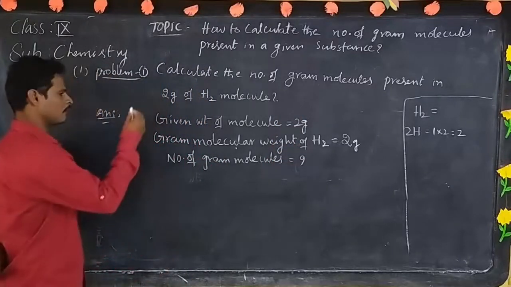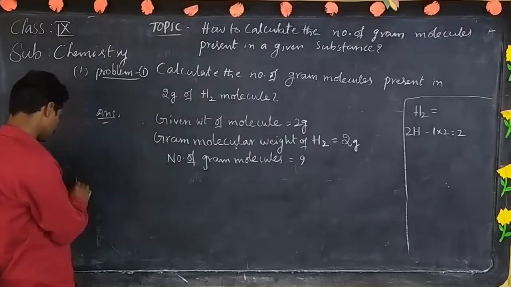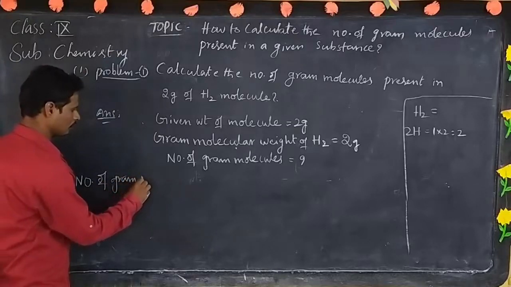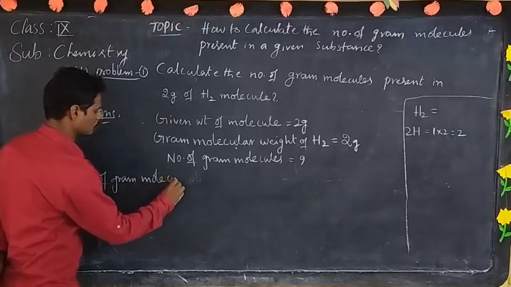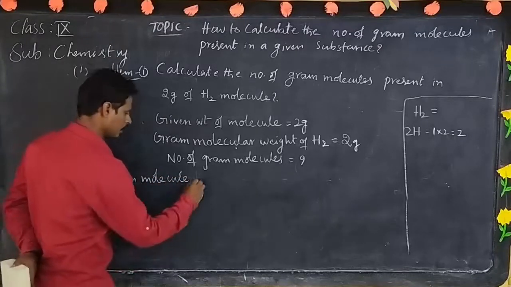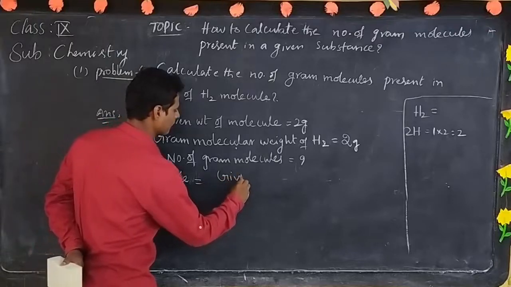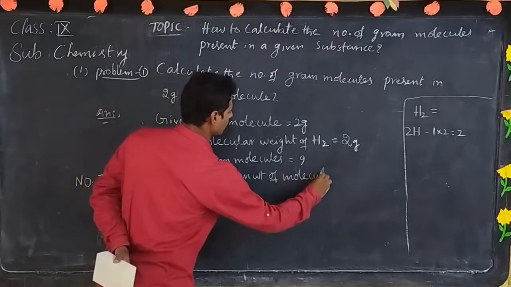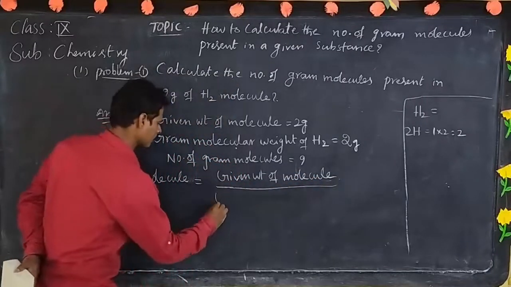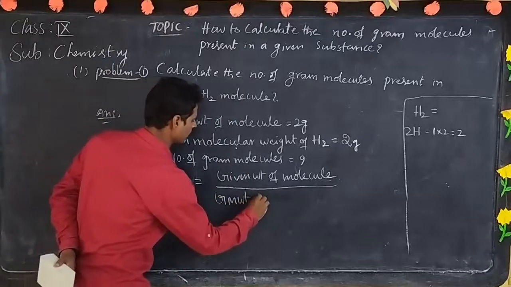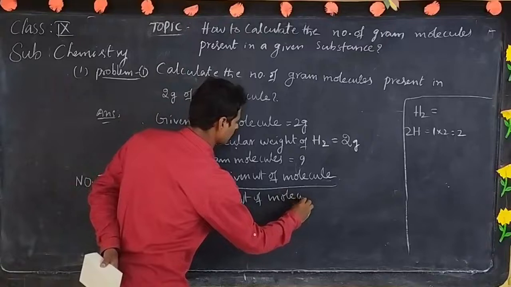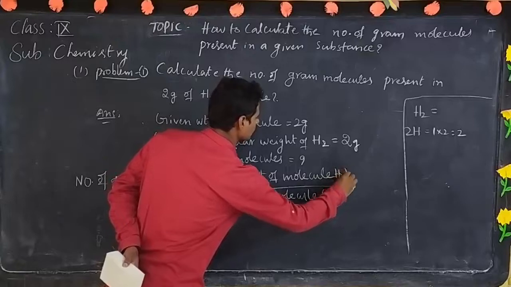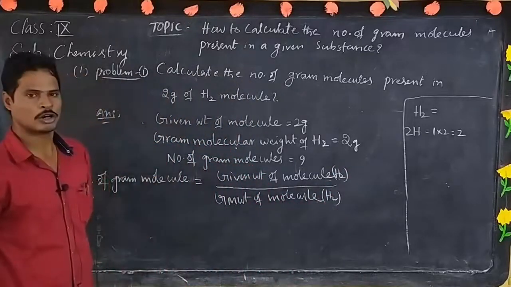Next, we know that formula: number of gram molecules equal to given weight of molecule by gram molecular weight of molecule. Here H2 molecule, given weight of molecule, how much is the value?